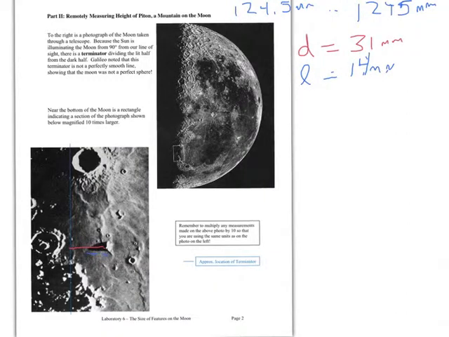Now on the next sheet, there's a worksheet where you're filling in all these things little by little. I'll just go ahead and work it out here that the height in picture units is LD over R. So that's LD over R. In this case, L is 14 millimeters, D is 13 millimeters, and R is the radius of the moon.